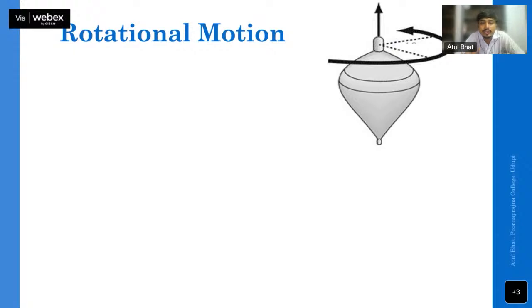Now, when we talk about rotational motion, what happens to these equations? This is something very important. When we talk about rotational motion, things are not moving straight anymore. Things are moving in a curved path. And when I say rotation, it's usually along an axis, with respect to an axis. So you can see the top over here. The top is rotating with respect to this vertical axis that is given.